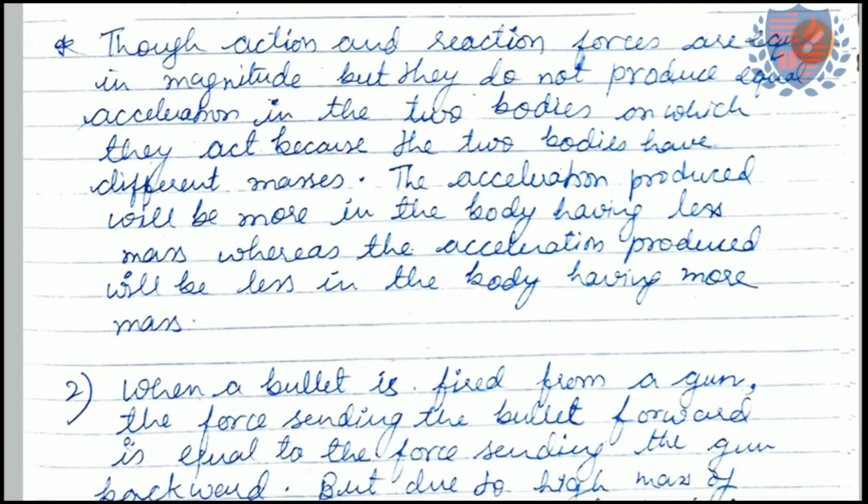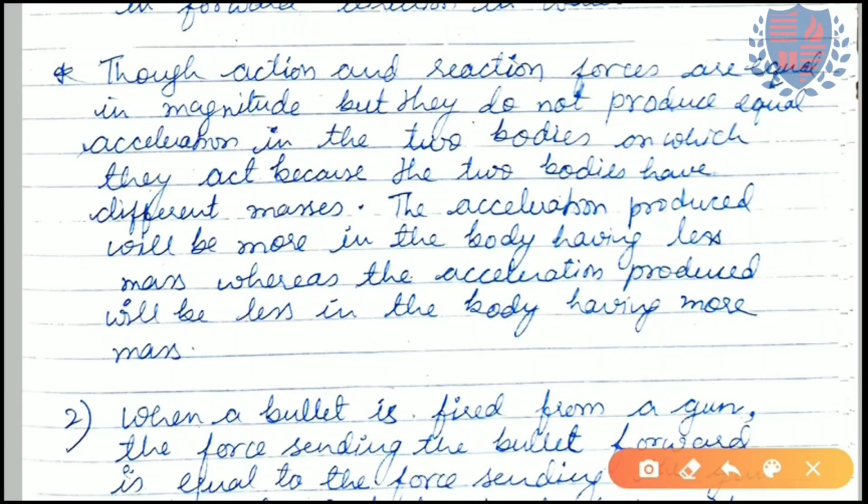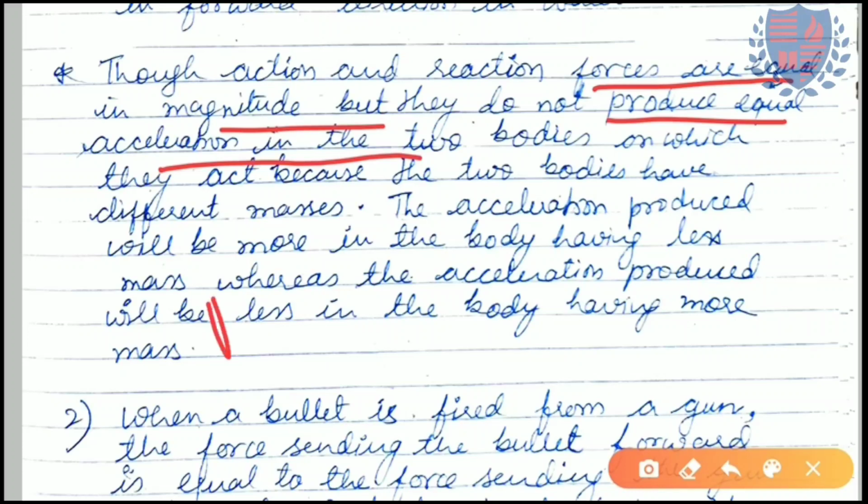Now next is, though action and reaction forces are equal in magnitude, magnitude means their value is always the same, they don't produce equal acceleration in the two bodies. Why? We know that if force is equal, acceleration cannot be equal.